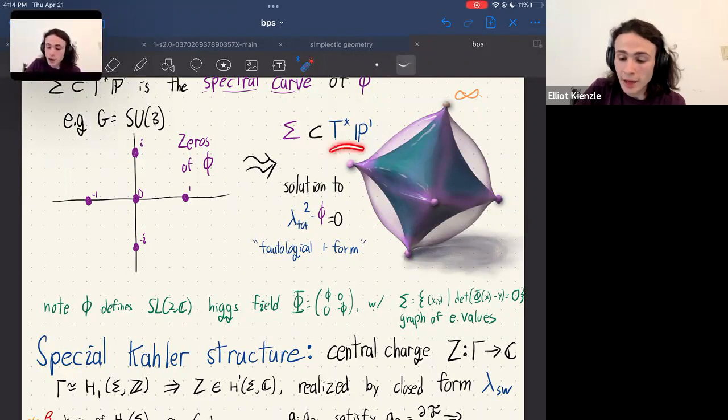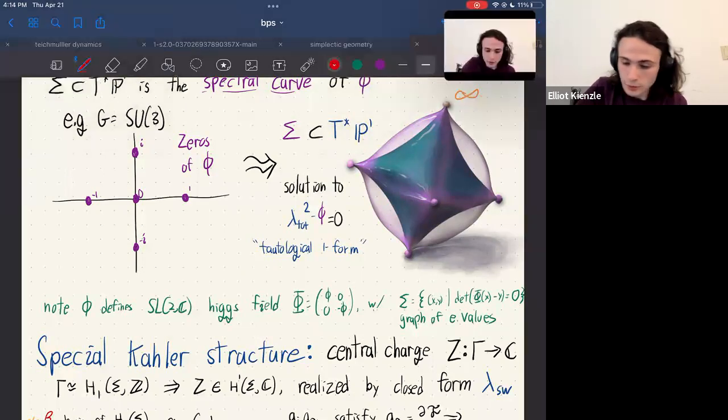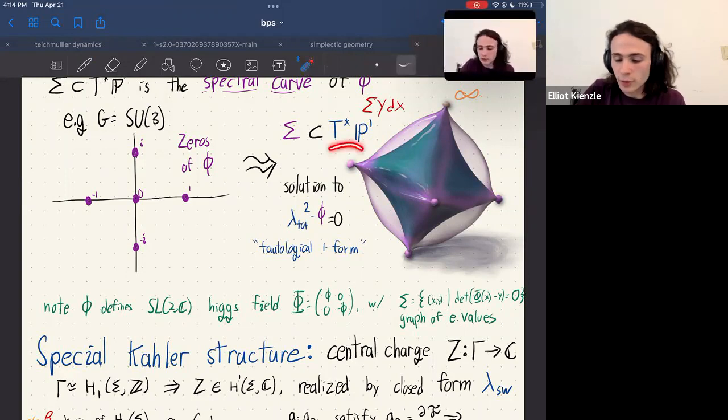And this cotangent bundle has a very natural tautological one form, which is basically just y dx, like the sum of these. And its exterior derivative gives you the standard symplectic form on this cotangent bundle. But we can just pull back this tautological one form to the curve.